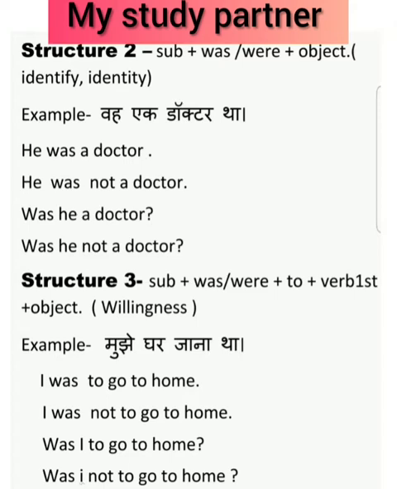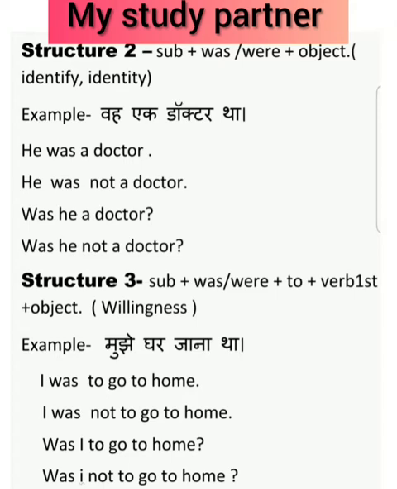We have just changed is, am, are to was and were, that's all. Because we have a singular subject, we are going to use was. So we can say: he was a doctor, he was not a doctor, was he a doctor, was he not a doctor. Question marks are going to be there in the interrogative sentence. Do not forget about it at all.